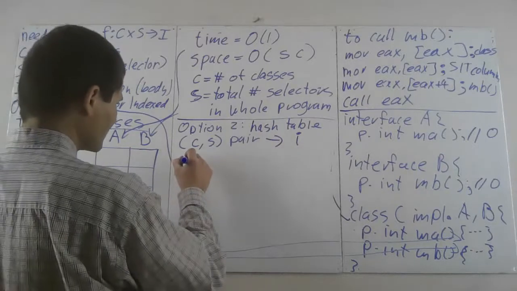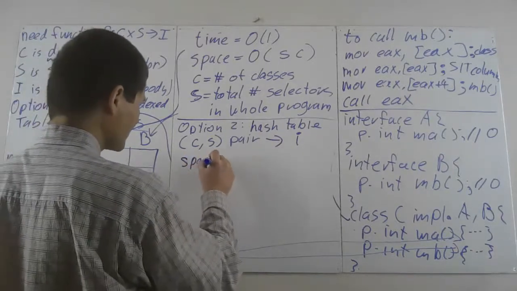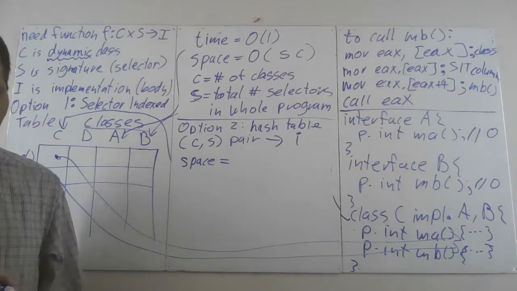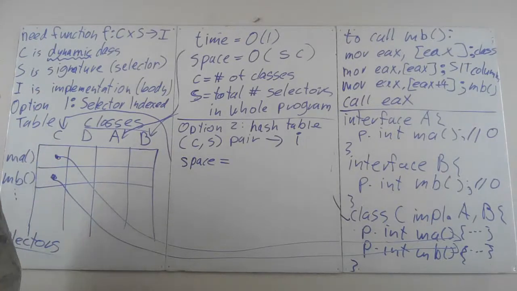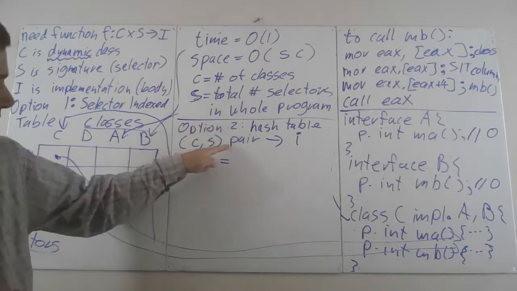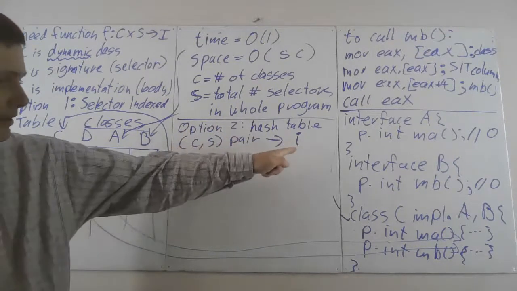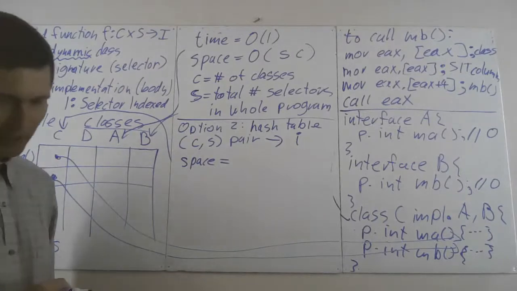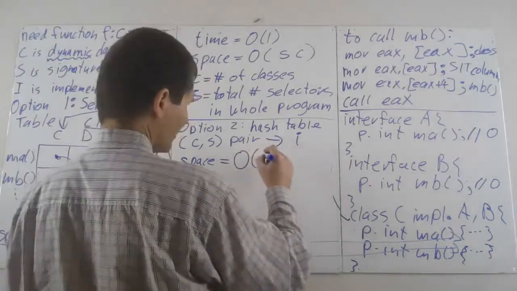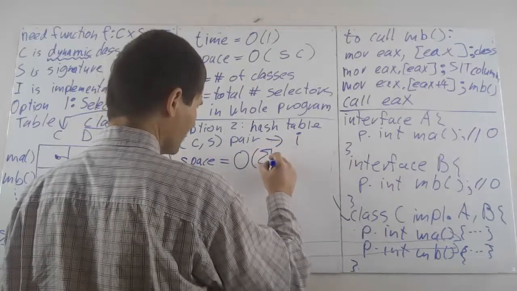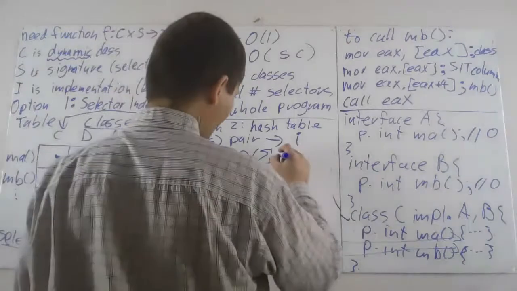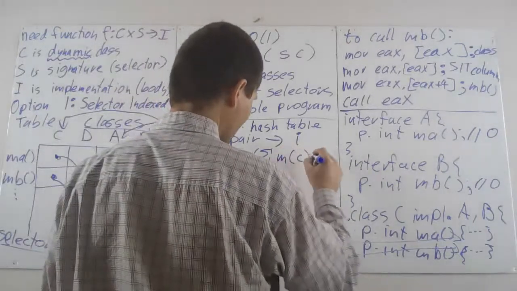If I do this now, my space. How much space am I going to need for that hash table? Well, it's going to be the number of such pairs that are valid implementations. So I'm going to say O of the sum over all the classes of the number of methods in a class.